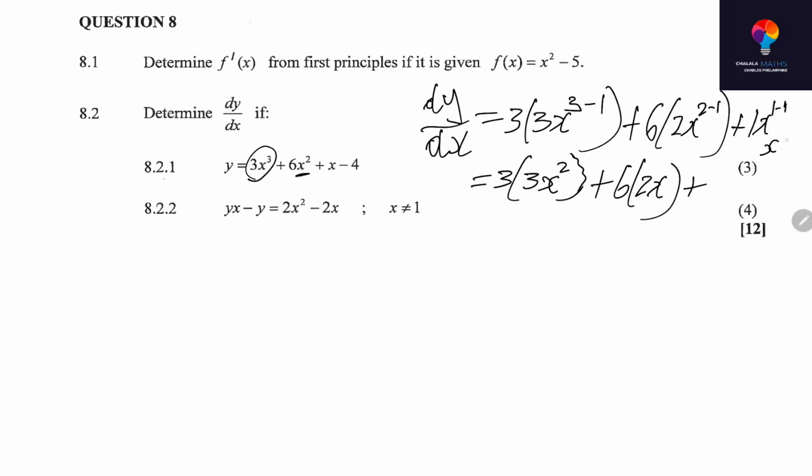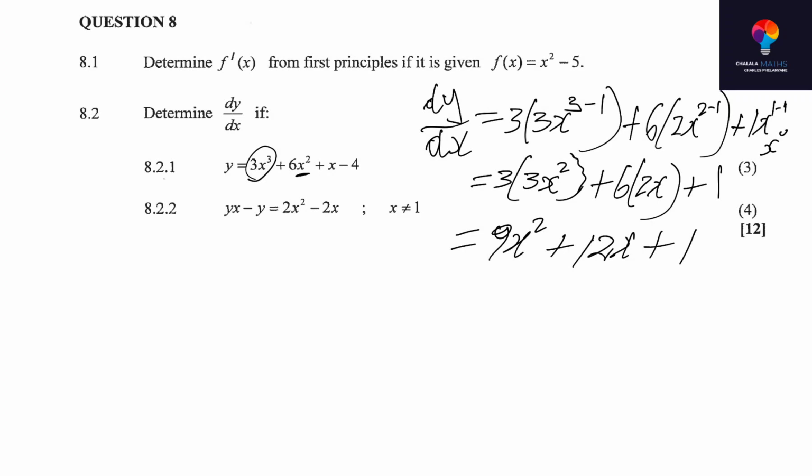So x to the power 0 is going to give us 1. Then as we simplify it further, we're going to say 3 times 3 is 9x squared plus 12x plus 1. So it's as simple as that.